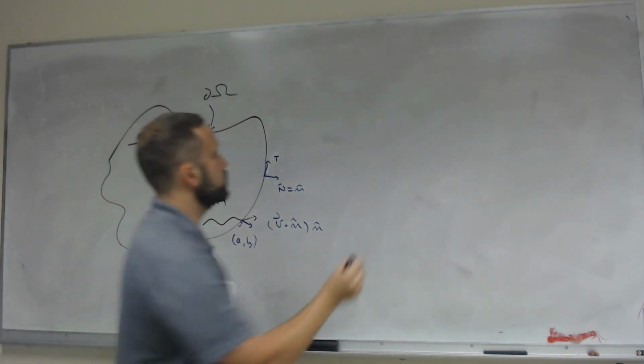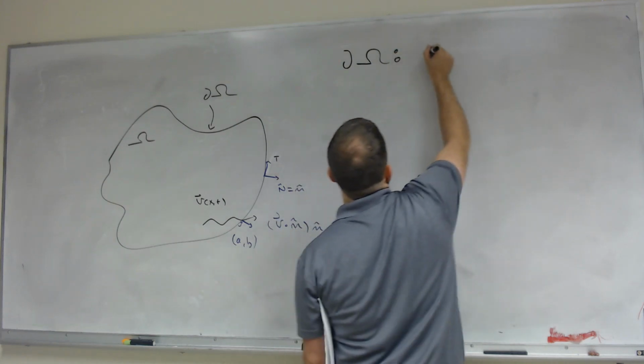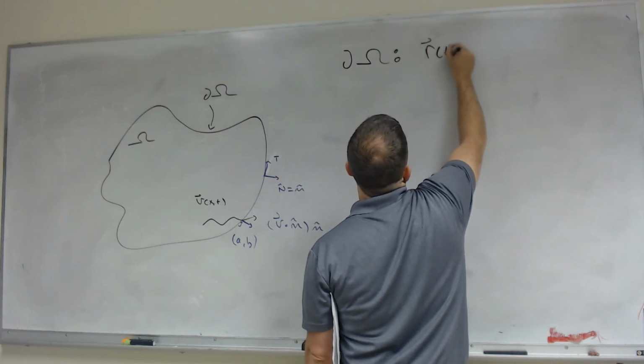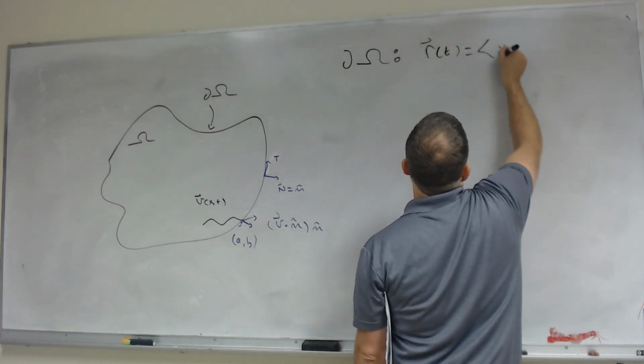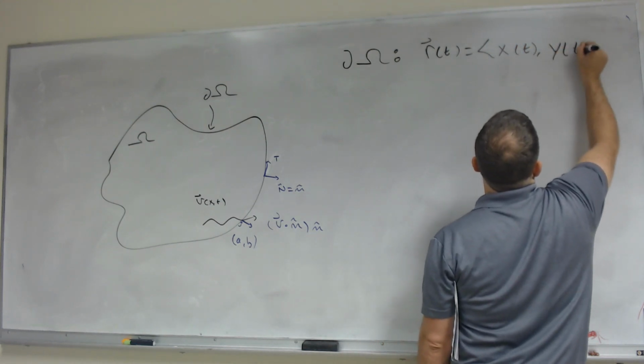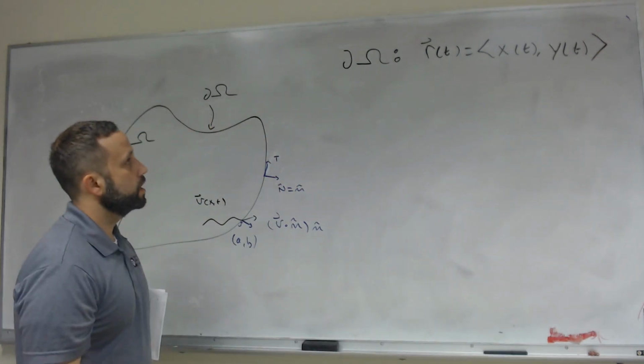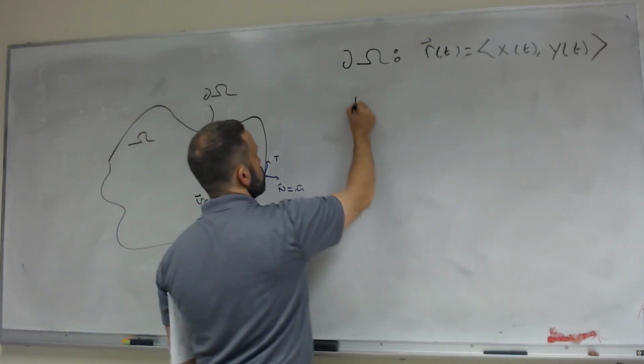So how do we actually compute the tangent and the normal vectors? I'm going to assume that the boundary of omega has a parameterization given by x of t, y of t. Making sure that you can see that. The tangent vector is going to be pretty simple.